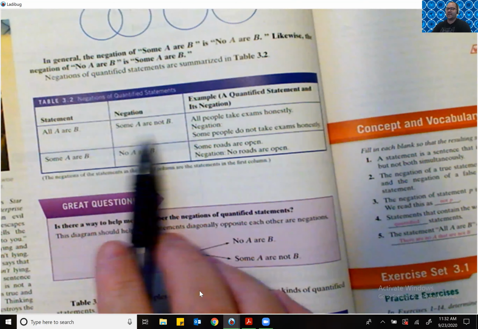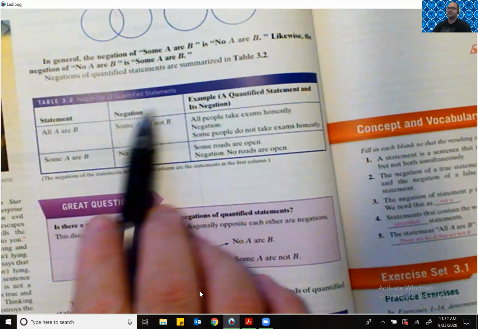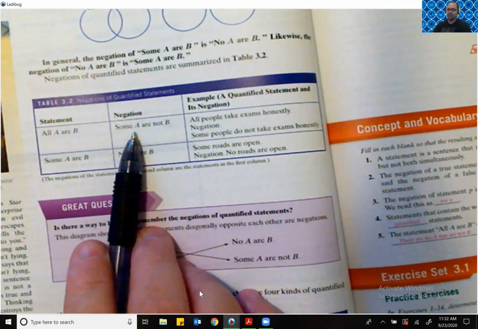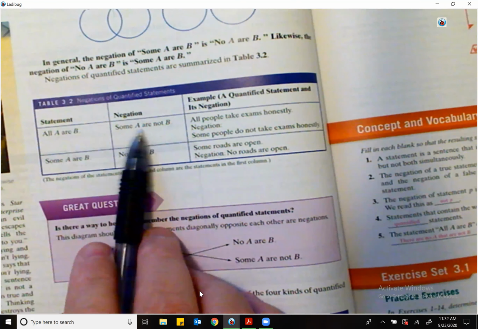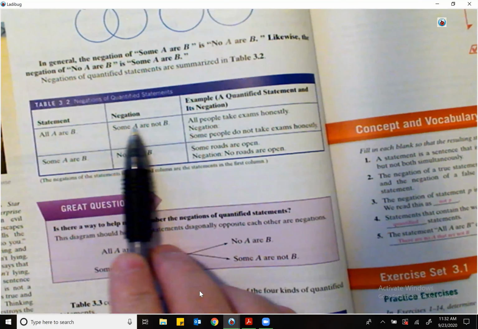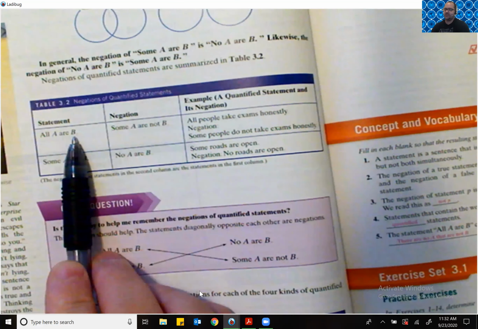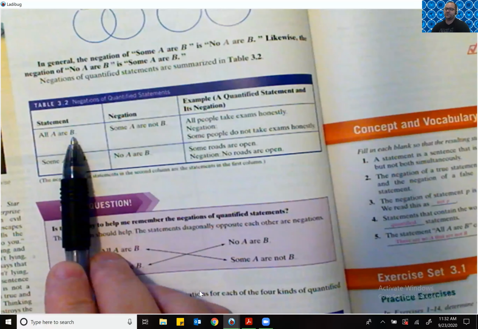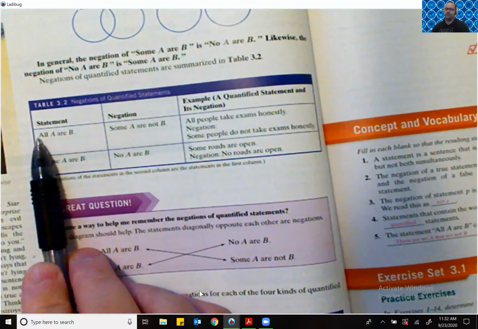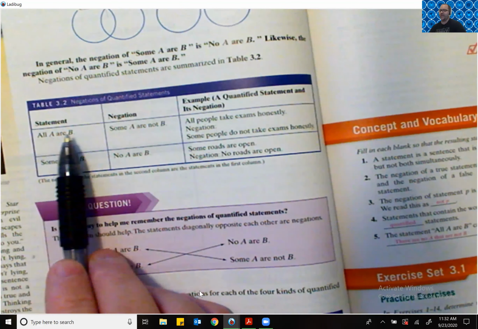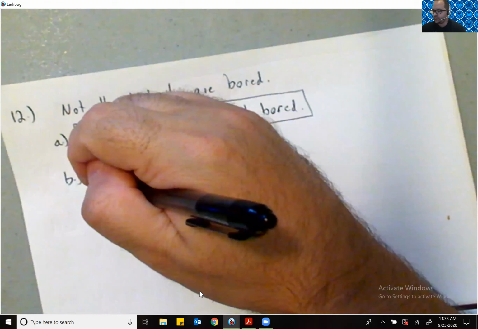So this is the statement we have. So this is the negation of it. It works forwards and backwards. Okay. So this is the statement we have. That's the negation. So the negation is then all students are bored. So that would be the answer you're looking for.